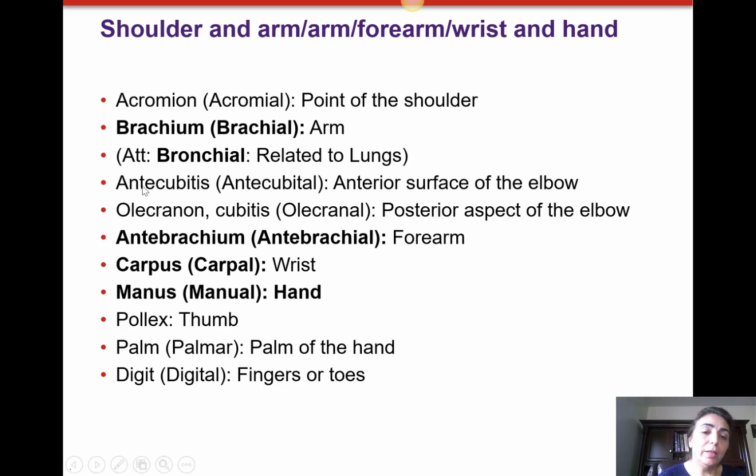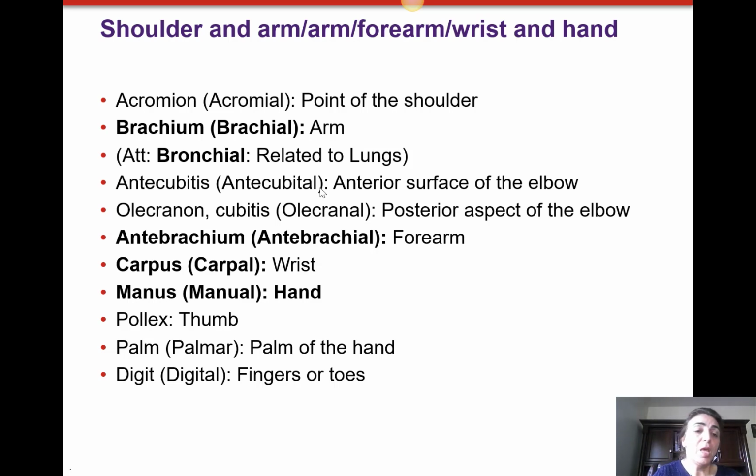We have another term, antecubitus and antecubital. That's the anterior surface of the elbow, and the posterior surface, the elbow itself, is cubitus or olecranon, and we call it olecranal for the adjective. That's the posterior aspect of the elbow here.